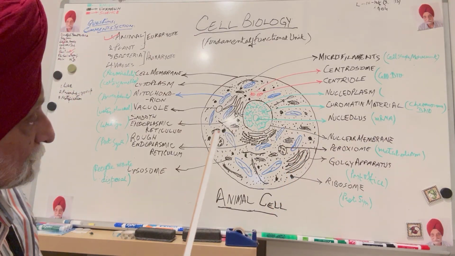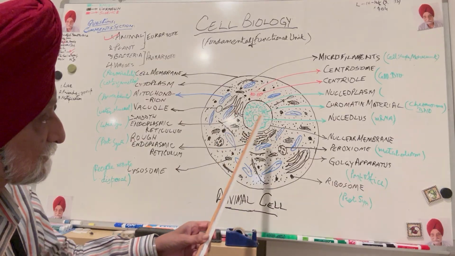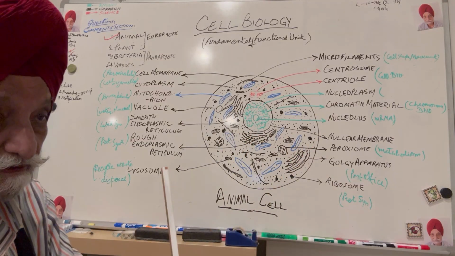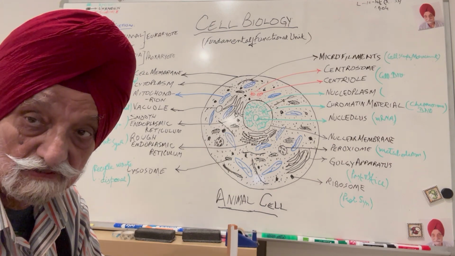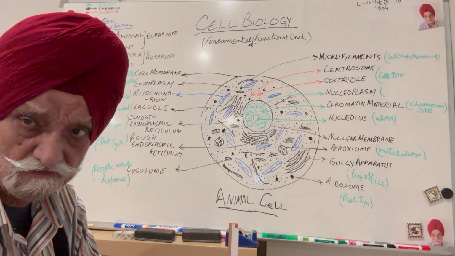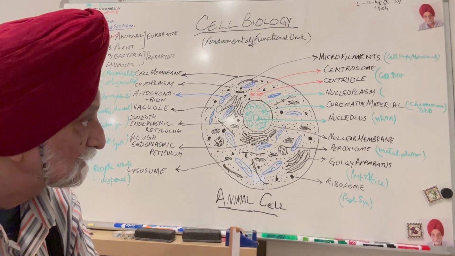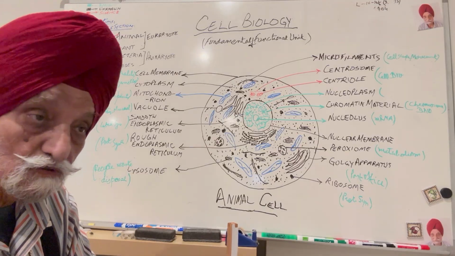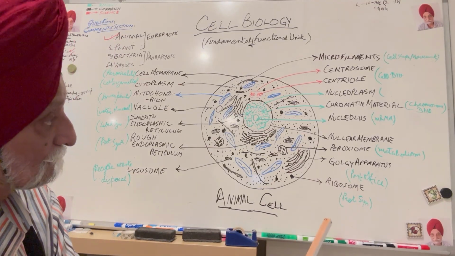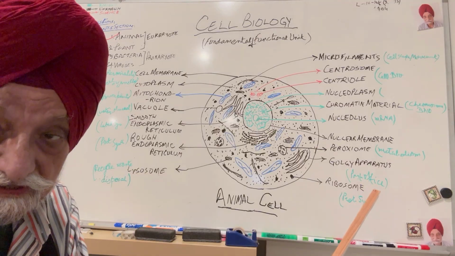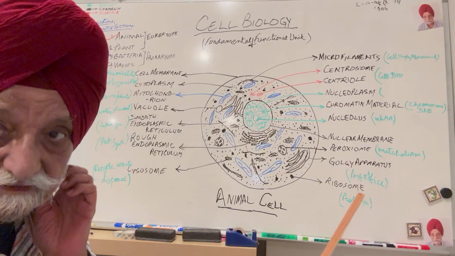And in the nucleus, there is present chromatin material. Chromatin material is the structure which actually gets colored, and therefore it is called chromatin material. It gives rise to chromosomes, which are the centers for DNA.